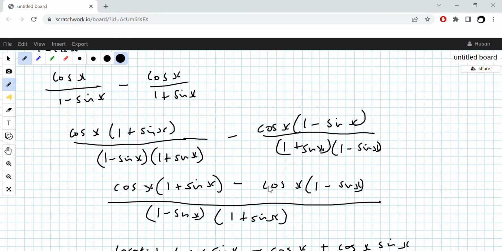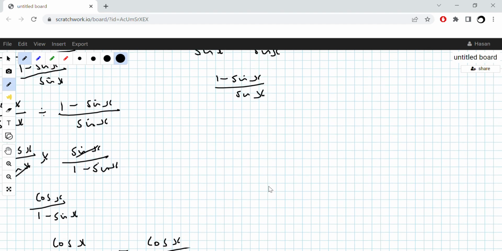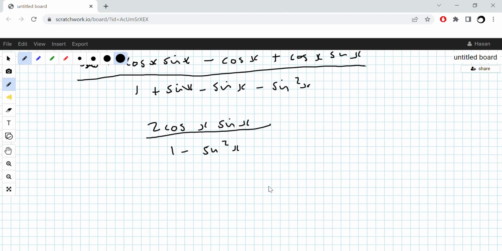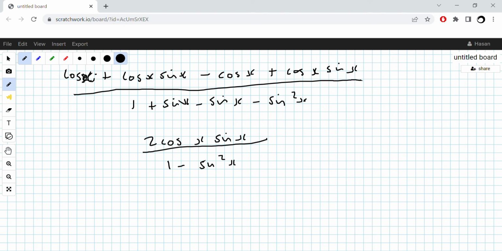Now they wanted us to give 2 tan x. Tan x is the same as sin x over cos x. So we need from somewhere to bring this.